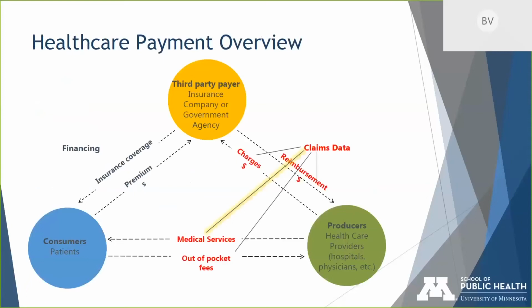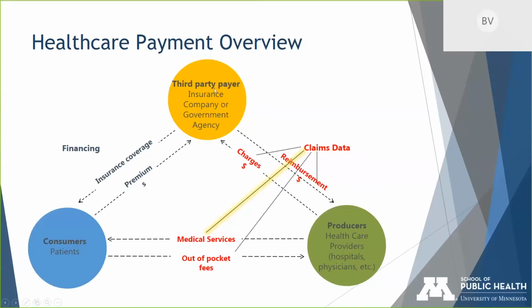Just to remember how healthcare payments work, we have patients who go to receive medical services from producers, from healthcare providers. In return, they pay some. But then there's also a third-party payer, and in our case, the third-party payer is Medicare.